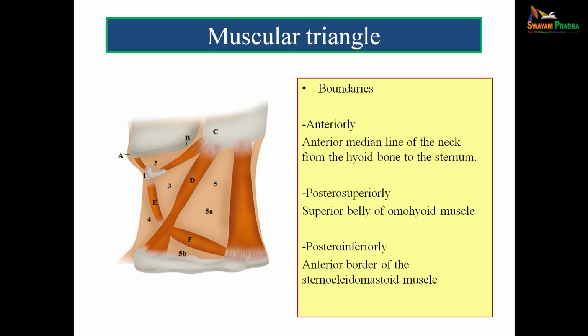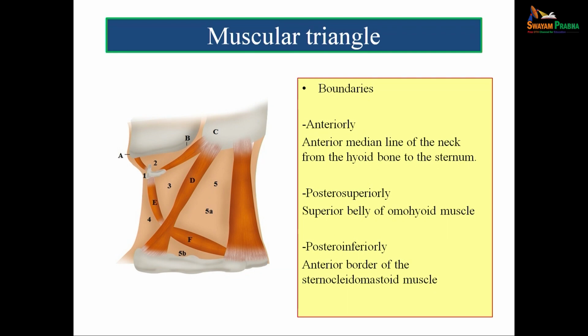This muscular triangle is marked by 4 in the figure. E represents the superior belly of omohyoid, D represents the sternocleidomastoid, A represents the chin, 1 represents the submental triangle, 2 represents the digastric triangle, B represents the angle of mandible, C represents the mastoid process.